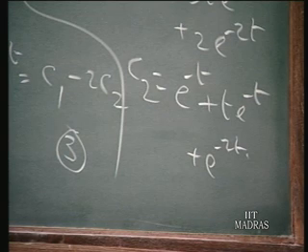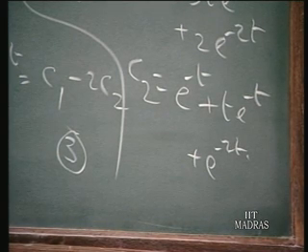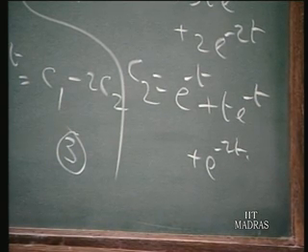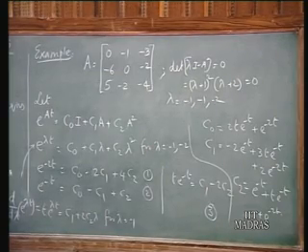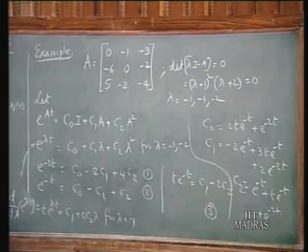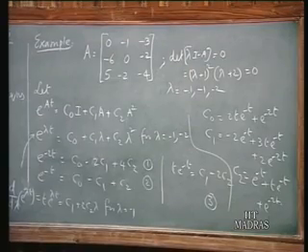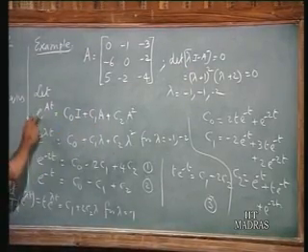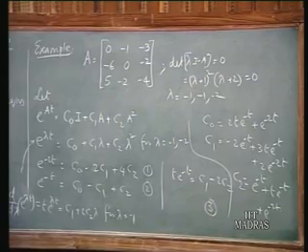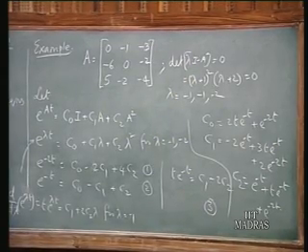So those are the three constants, and you substitute those constants in this equation. Constants, I am saying, in the sense that they are independent of lambda or independent of A. Substitute c0, c1 and c2 in this equation and you can evaluate e to the power of At. The details I will omit.